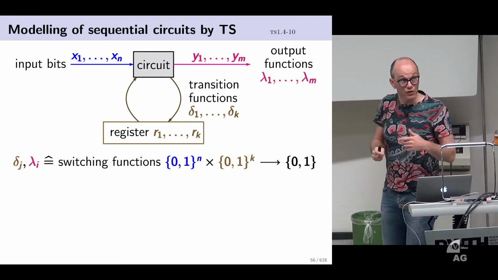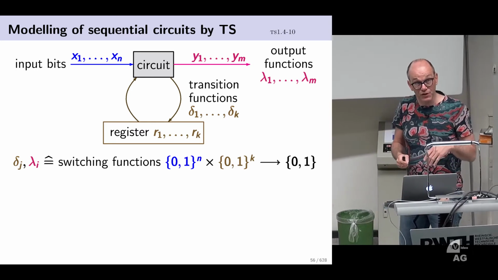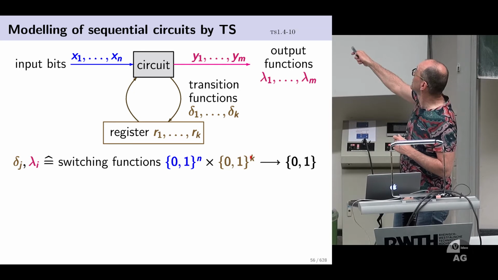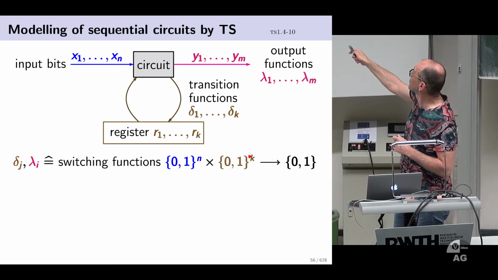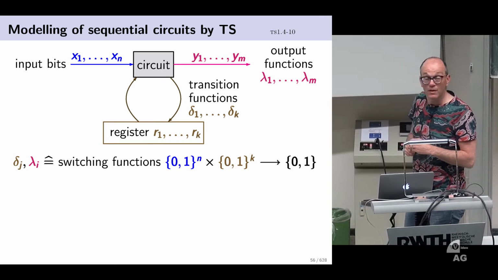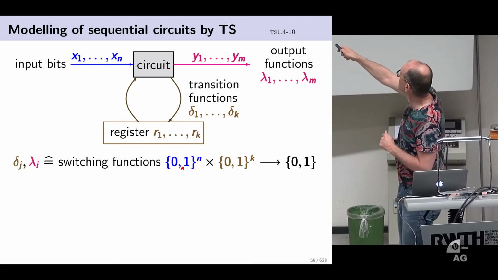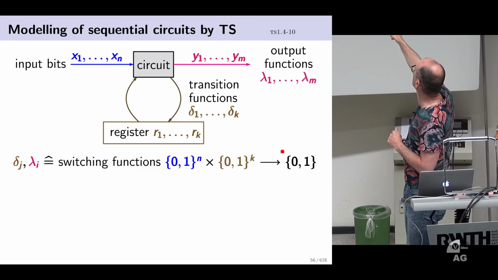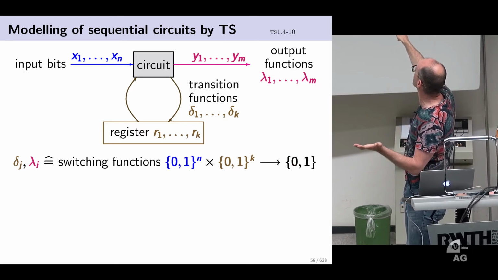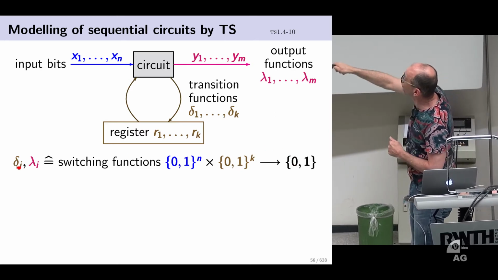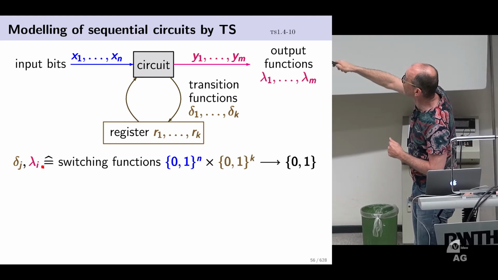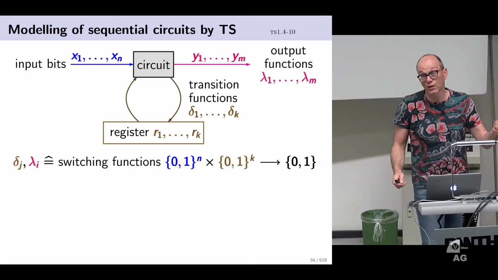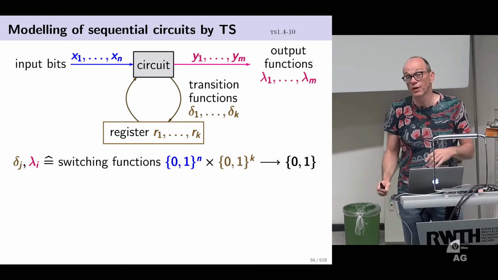Then those values also depend on the current value of the registers. How many registers do I have? I have k registers, so I have {0,1} to the power k. Based on these inputs and the values of the registers, I'm going to determine the new value of the register or the output, either for register j or for output i. So the subscripts are going to tell you which register or which output we are going to talk about.